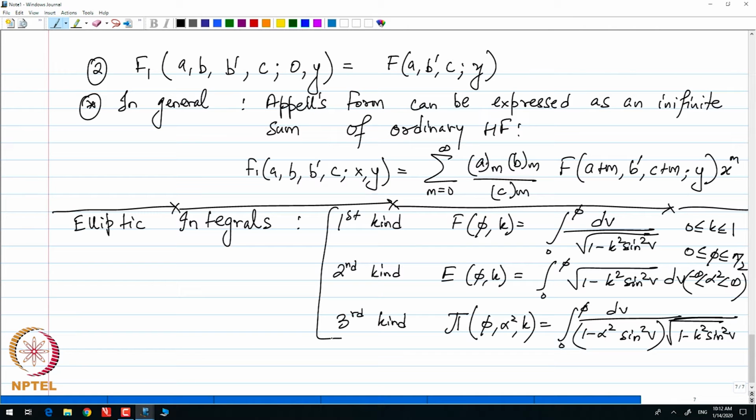With regards to these three elliptic integrals, I also have some useful relations. Let me say that my function capital K of k is the elliptic integral of the first kind evaluated at phi equal to pi by 2 comma k, and my E of k denotes the elliptic integral of the second kind at pi by 2 with argument k, right. Then I have some relations which we will be using while we integrate our model equations.